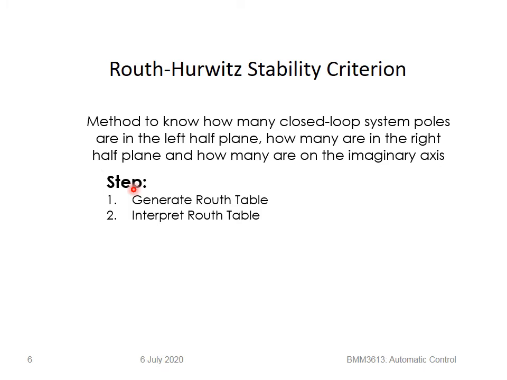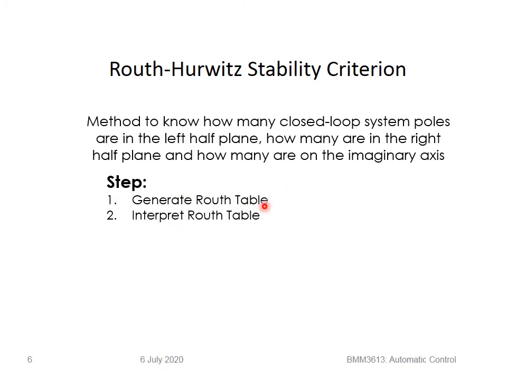There are several steps that you need to follow. It is pretty straightforward. You just follow the steps, and according to the results of executing these steps, you will be able to tell whether the system is stable or not.